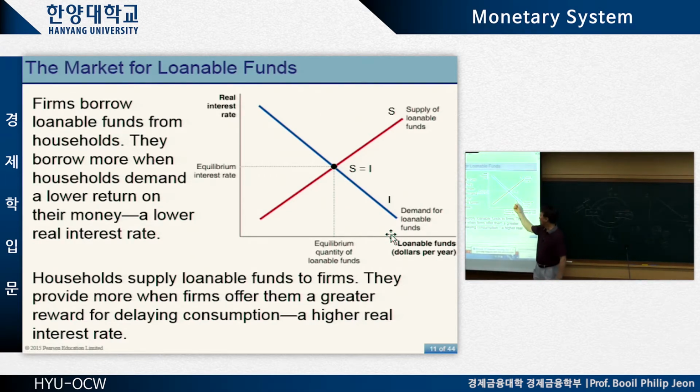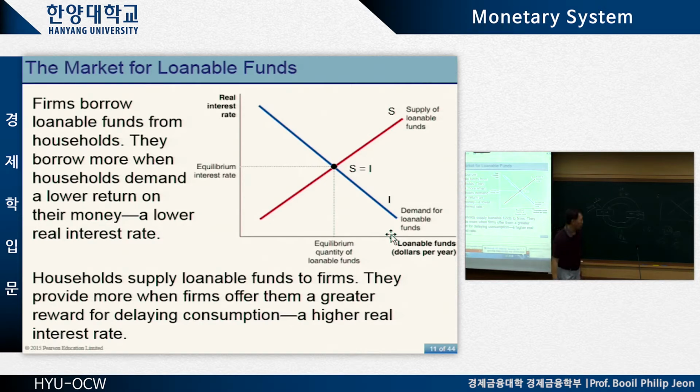And the quantity saved, or quantity supplied, will be equal to quantity demanded. Make sure you understand that idea, right? The market will adjust, or interest will adjust, so that the market will be in equilibrium, right? And then at that point, the quantity demanded will be equal to quantity supplied, right?